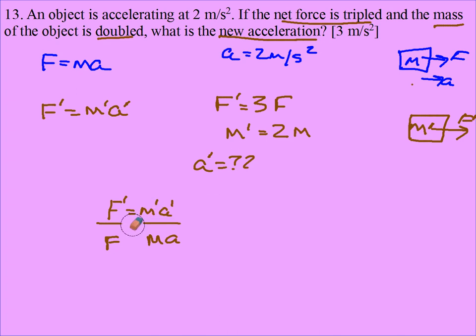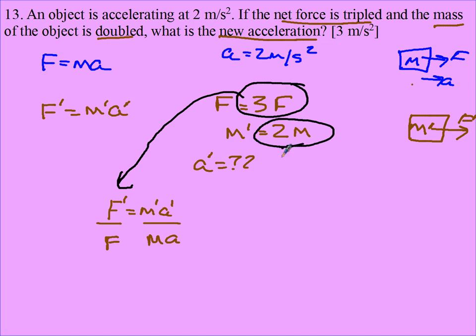You see, while I'm dividing the two equations, I can really divide F prime by F and m prime a prime by ma. Now I'm going to go to black here and let's trade some of these numbers. I know F prime is 3F, so I'm going to take this right here and plug it in. I know m prime is 2m, so I'm going to plug that in as well.